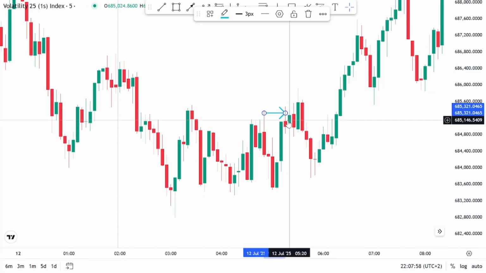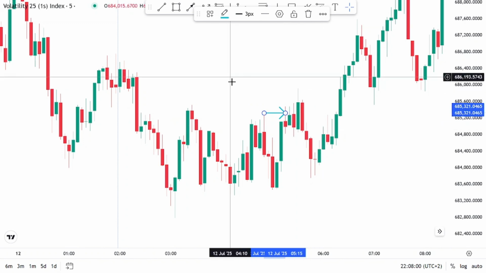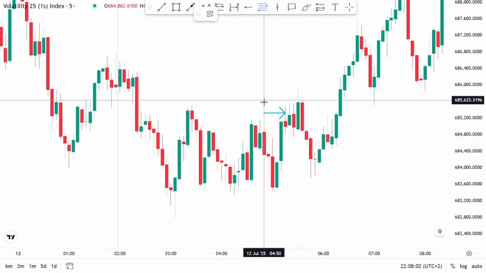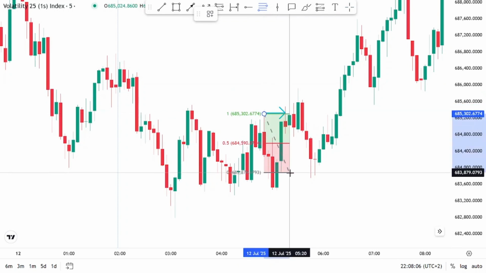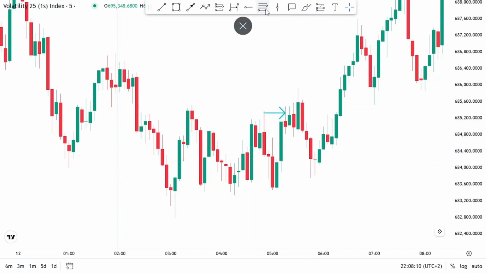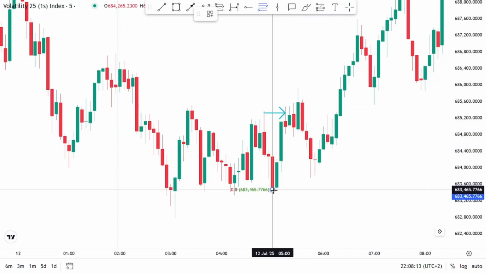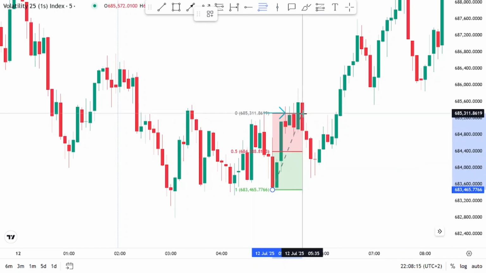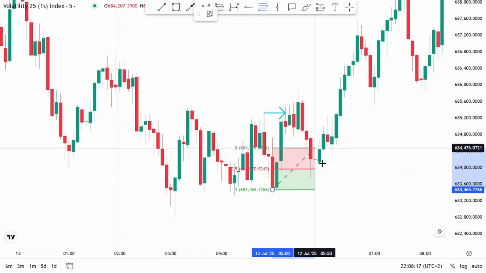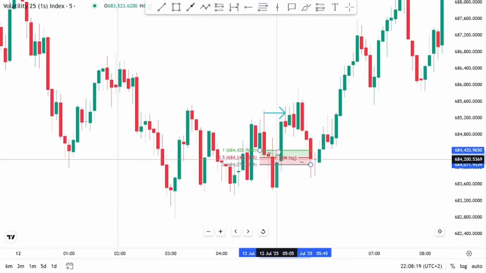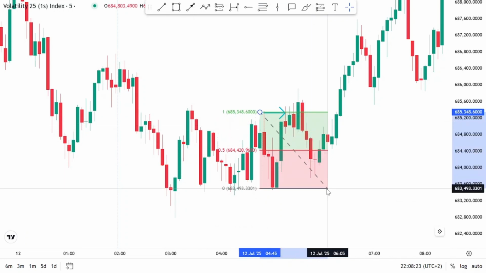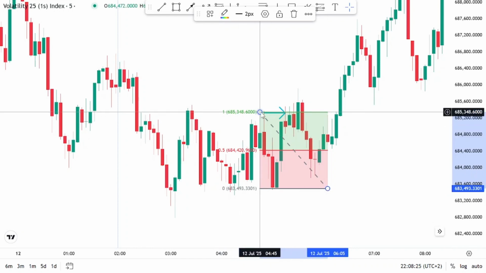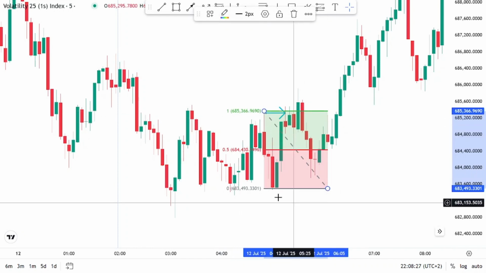So here we have a breaker structure, and then we take our Fibonacci tool from here. Take a Fibonacci tool from the highest to the lowest.